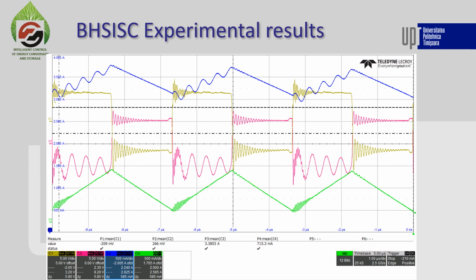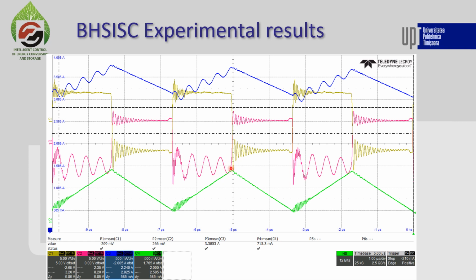But even with such good results, we see here some experimental results performed on the low power prototype with voltages below 100 volts and currents also much below 100 amps. So we see here some oscillations on the inductor voltages.